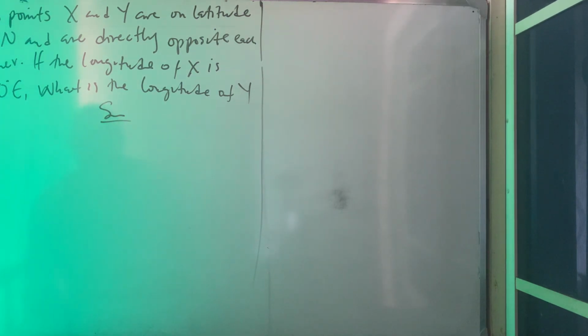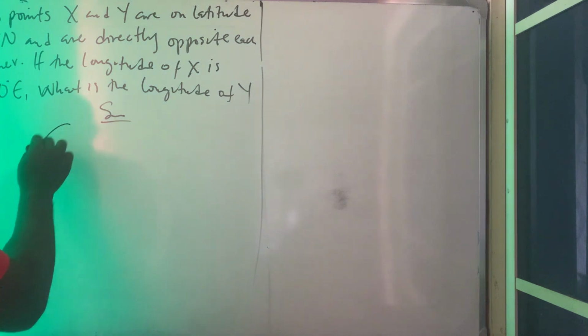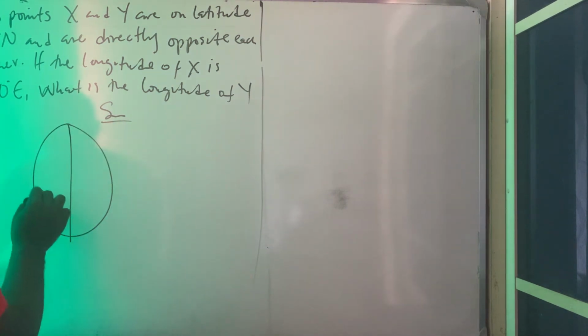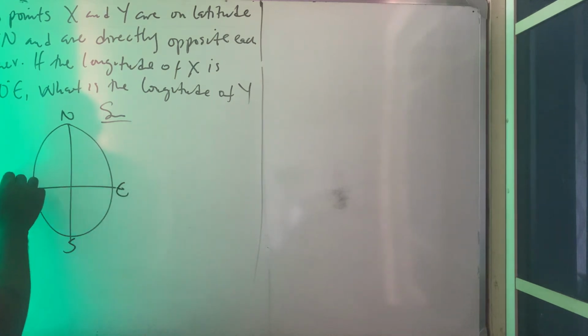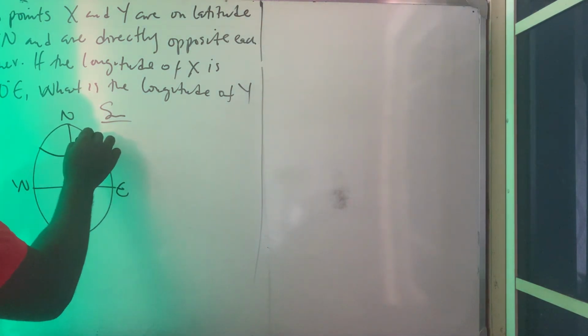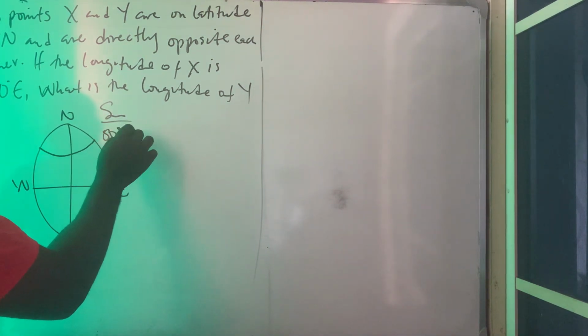Now, if points x and y are directly opposite to each other, let us just draw it. This is my circle, and this is my north, south, east and west. First of all, they say that two points x and y are on latitude 50 degrees north. So this is my 50 degrees north. They now say that x and y are directly opposite to each other, and x is 50 degrees east.